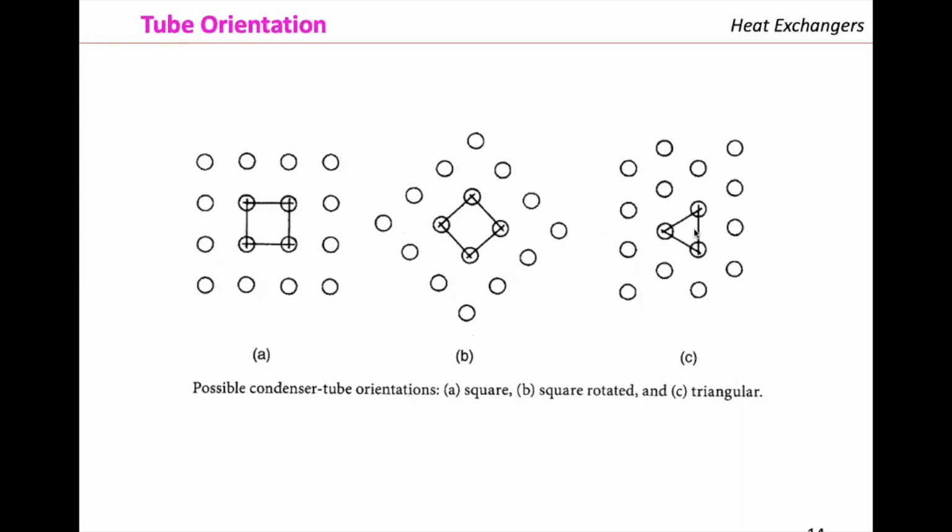If you put a triangular one, it's going to be more constricted. You can arrange more tubes in a triangular, but for cleaning it is not suitable for dirty services. That is more towards clean services, because you just need to give maintenance to your shell and tube heat exchangers, right? So depending on the service, one tube orientation is preferred over the other.